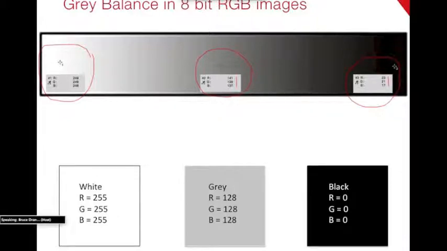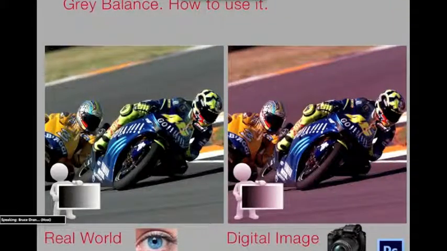So we can apply this knowledge to help us correct an image. Now through this presentation you'll see a little Photoshop logo appear at the bottom, and when you do, we're going to be using Photoshop any minute now. So again, I want you to use a thought experiment.